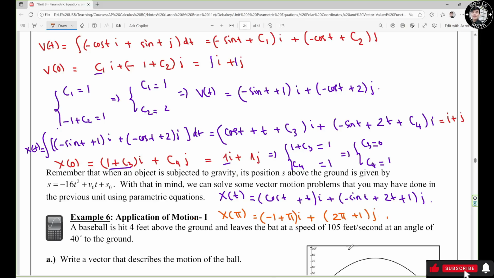This one is the j component. Now you can conclude that at time t equals pi, the particle is at negative 1 plus pi and 2 pi plus 1, right?